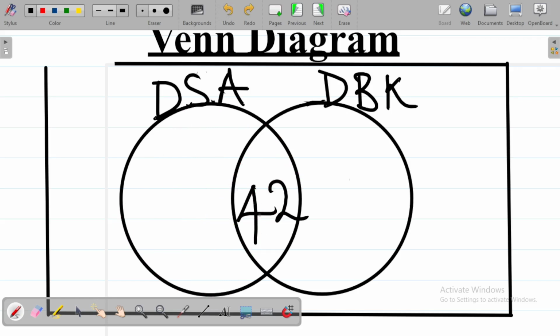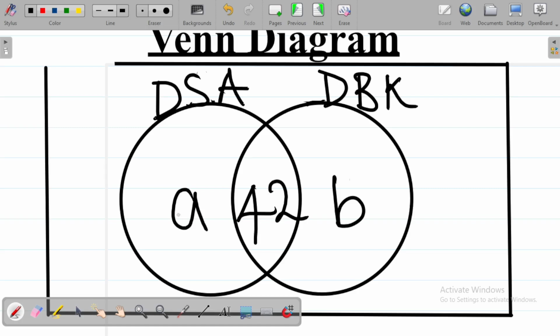So we know that 42 is the intersect between DSA and DBK. So we don't know these empty spaces. Let's call this empty space A. We don't know A. And we don't know this other empty space. Let's call here B. But we know that the intersect between DSA and DBK is 42.